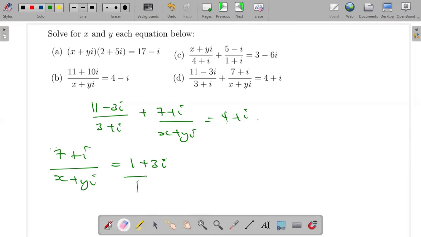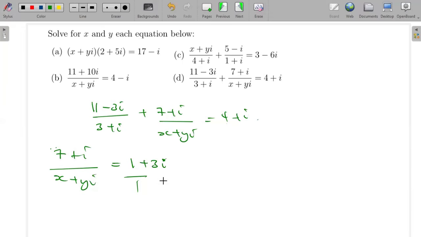So I cross multiply, I'm just going to have that this is just this here, I get x, and then that there it will be plus 3ix there, and then you have that by that you get that is yi, and that by that gives you 3yi, and then i squared is equal to 7 plus i.